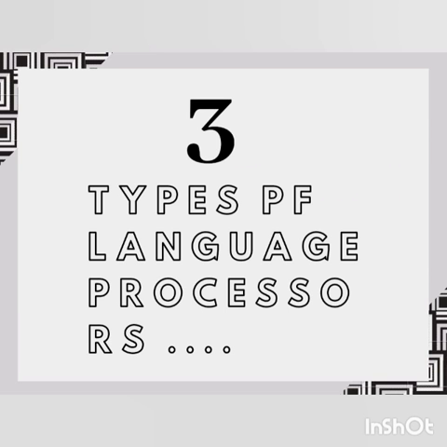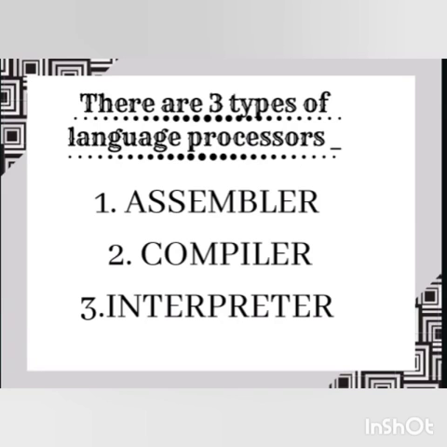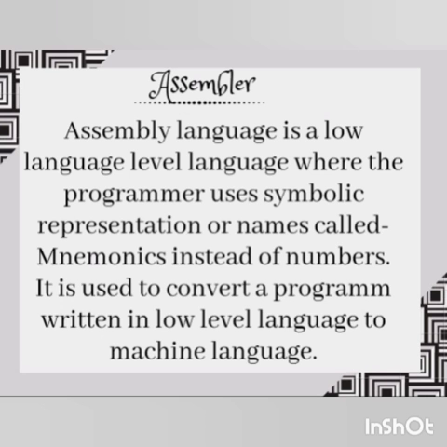Now let's discuss the types of language processor. There are 3 types of language processor: assembler, compiler and interpreter. Let us first discuss assembler. An assembler is a type of language processor which is used to convert a program written in lower level language to machine language.